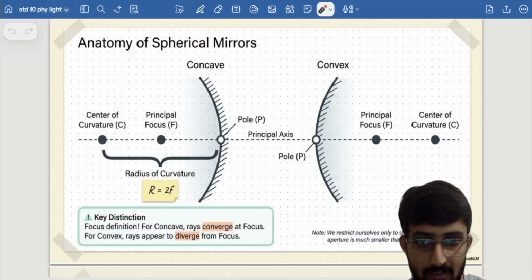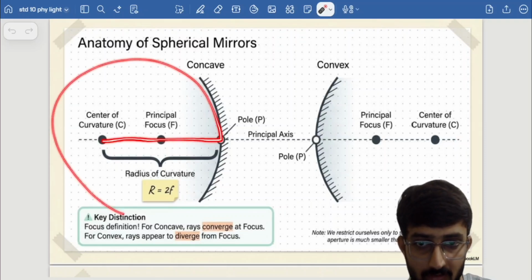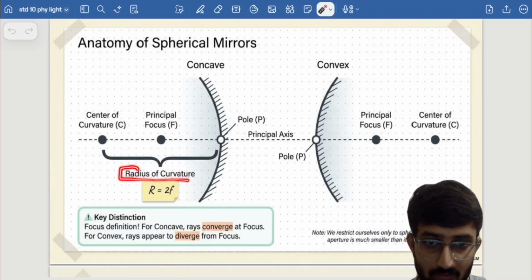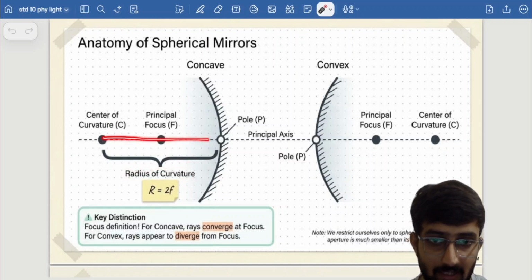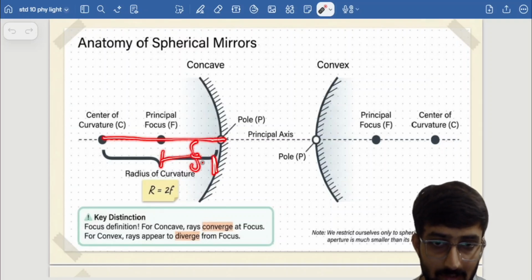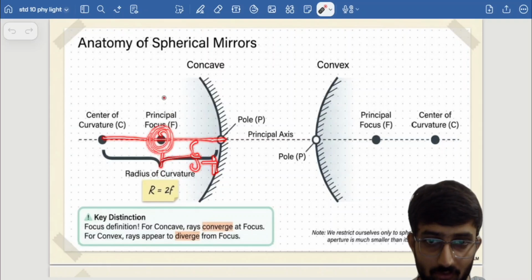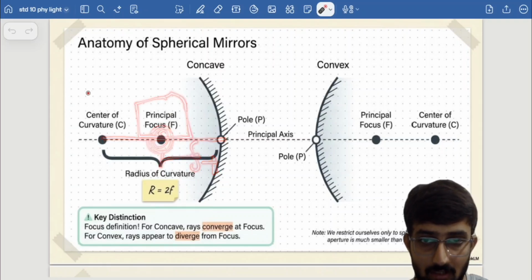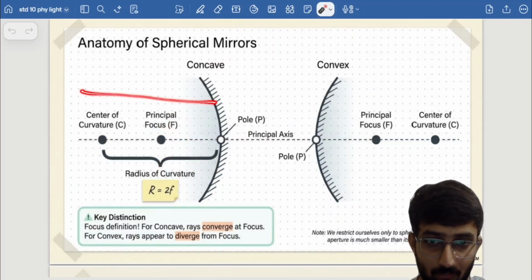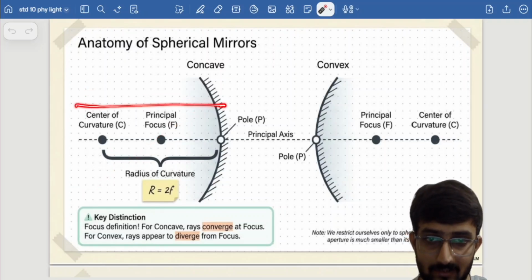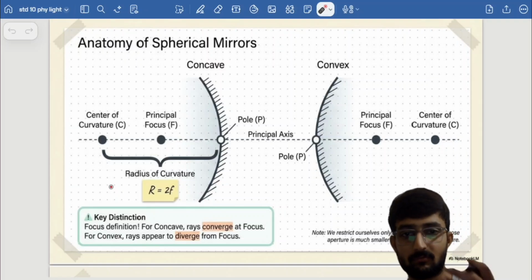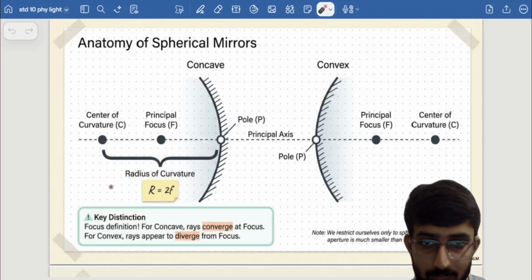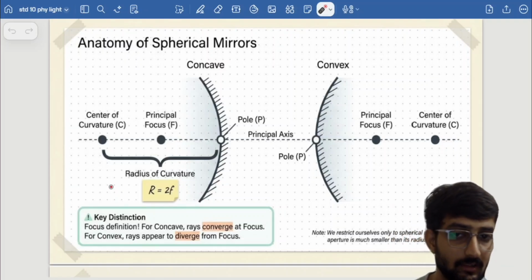Okay, the radius of that whole sphere is known as the radius of curvature, and half of the radius is known as the focal length, and that one point is known as the principal focus, where all light rays coming from infinite distance pass through the principal focus after reflection.